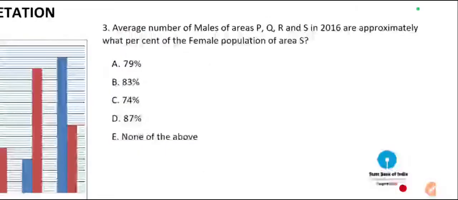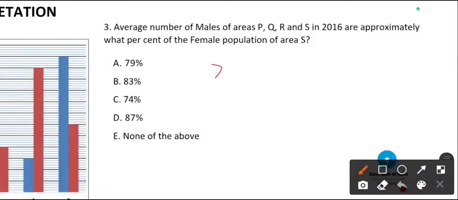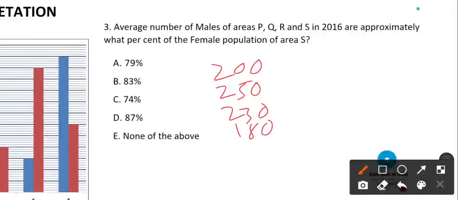Let's see this one. Average number of males of areas P, Q, R, S in 2016. Males in P 200, Q 250, R 230, and S is 180. All together is approximately what percentage of females of area S? So 0, 8 and 8, 16, 8.